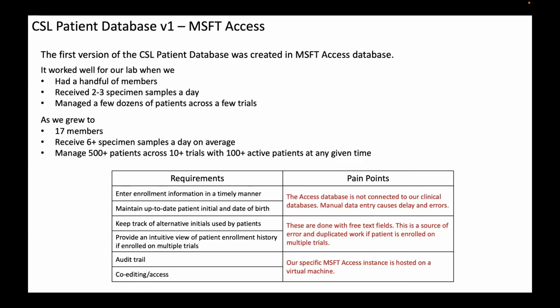So imagine you have one patient that has 3 participant IDs on 3 different trials, and each row would have alternative initials. If that patient indeed has alternative initials, you would have to update that field on all 3 rows. And sometimes that was not done consistently, so that causes discrepancy in our system.